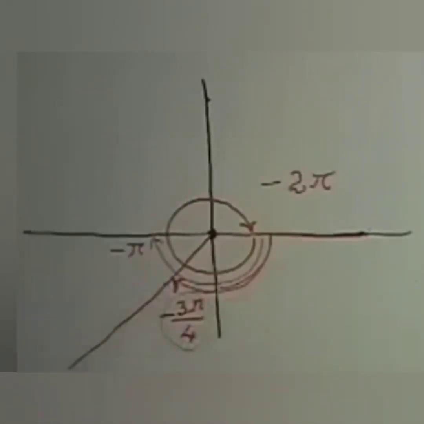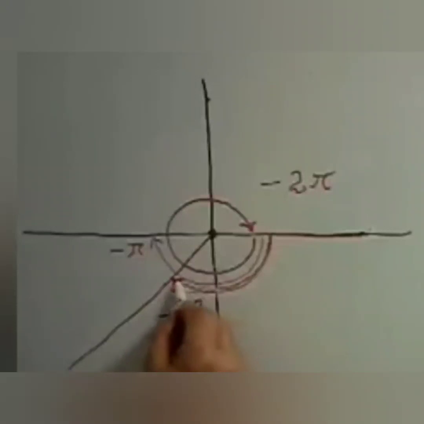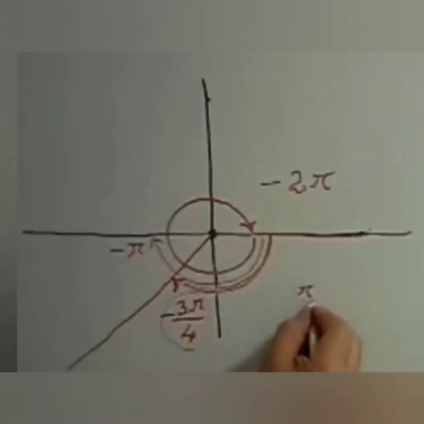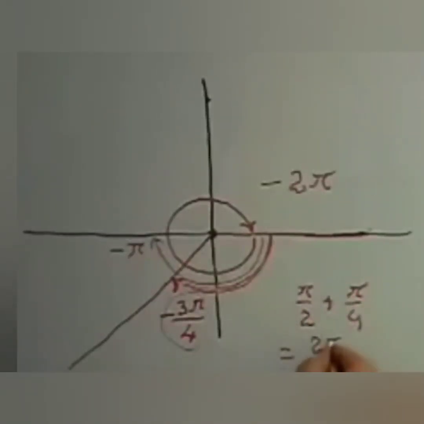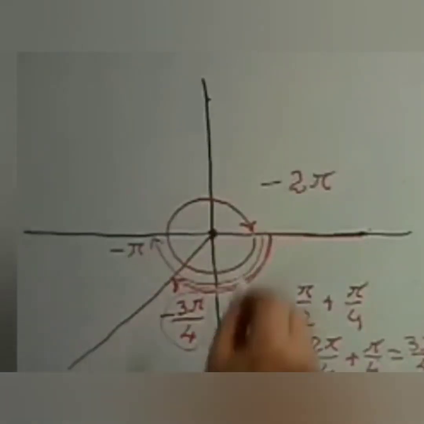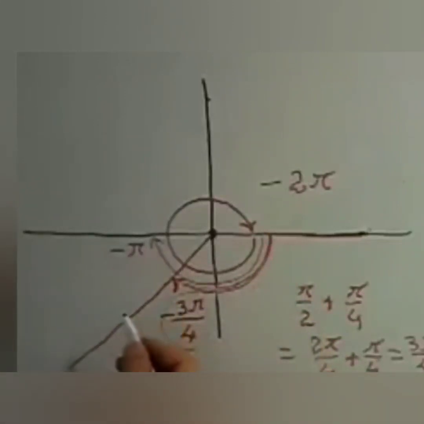Pi over 2 plus pi over 4, that means 2 pi over 4 plus 1 pi over 4, which will be 3 pi over 4. And we do it in the direction of clockwise, that's why it's negative 3 pi over 4. Okay, so that's the third question done.